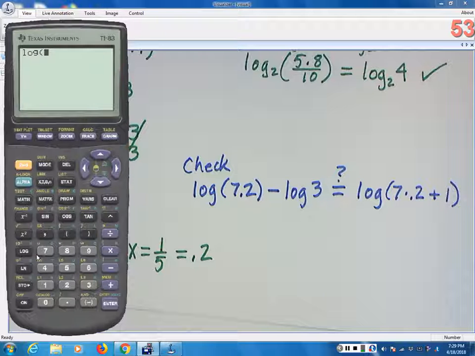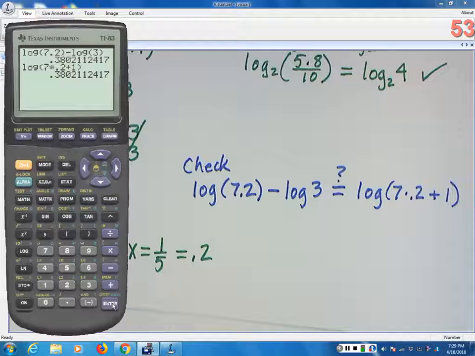Log of 7.2, close the parentheses, minus log of 3, close the parentheses. What does it equal? Log of 7 times 0.2, or 7 divided by 5, plus 1, and it's the same decimal. So we got the same decimal, so they are equal.